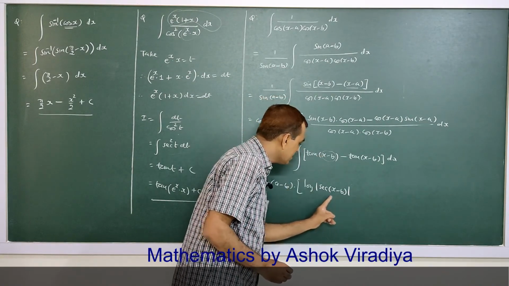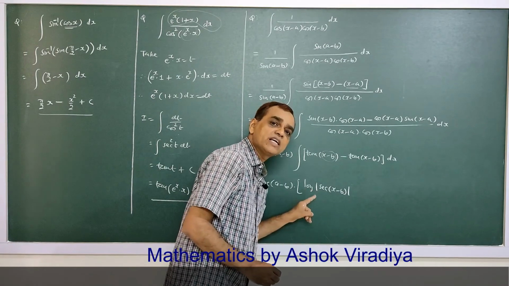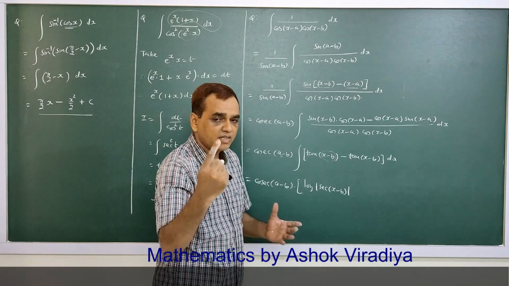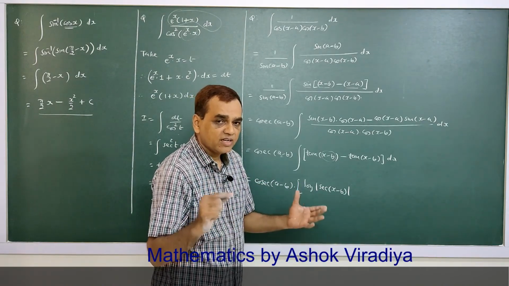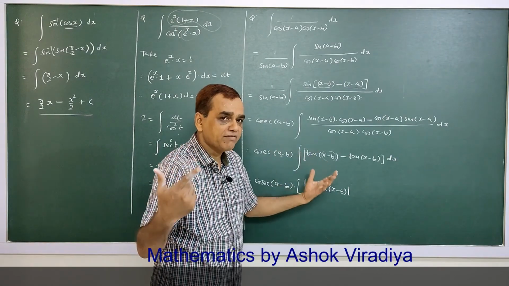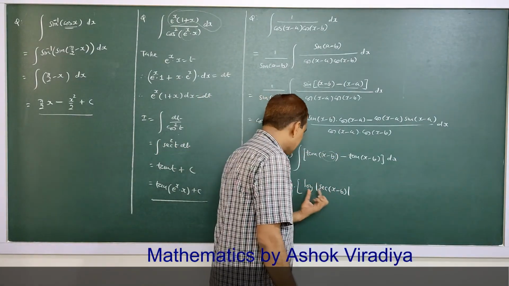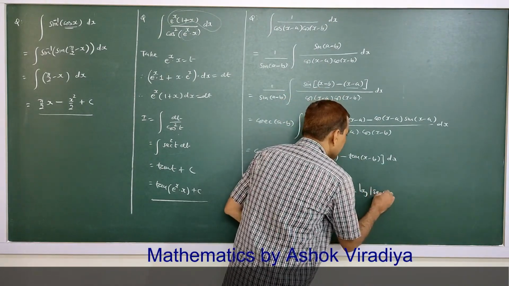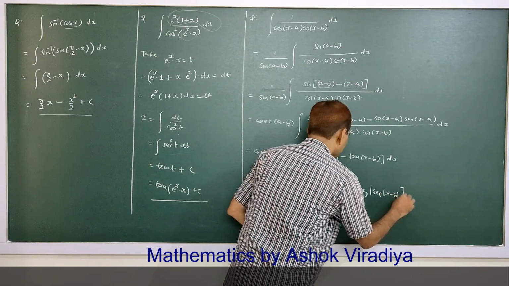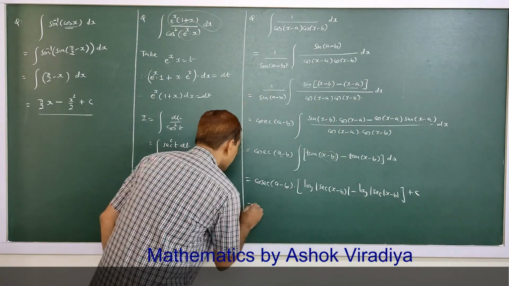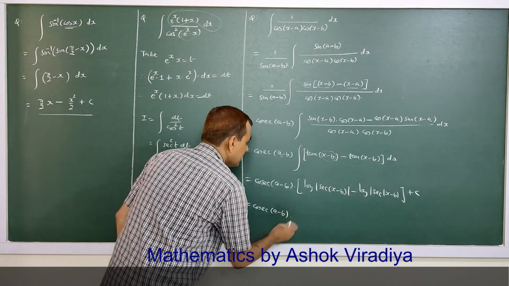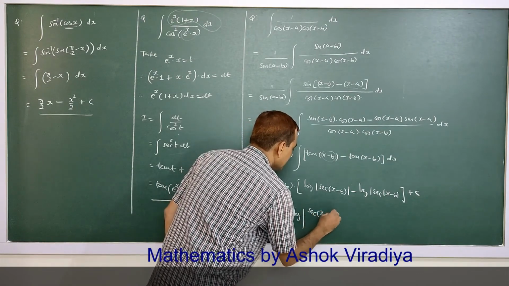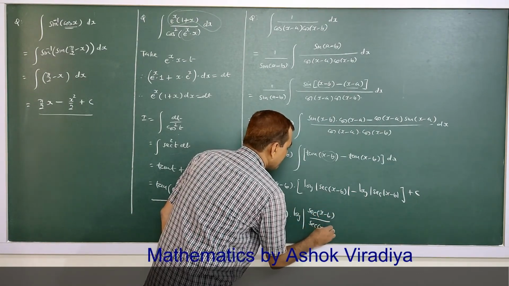So divide by 1, but no need to divide by 1. When the coefficient of x is 1, there is no need to divide by 1. It is like a ditto application of the main formula. So the integral of tan x is log mod sec x, minus again the integral of tan x is log mod sec x, plus c.